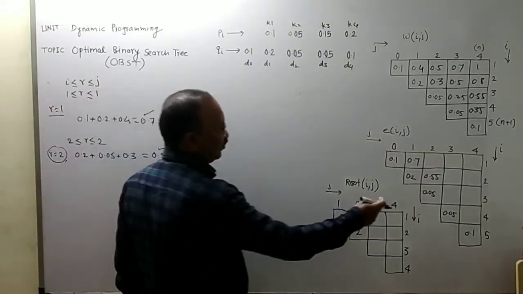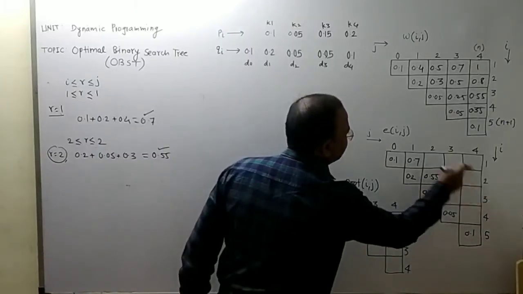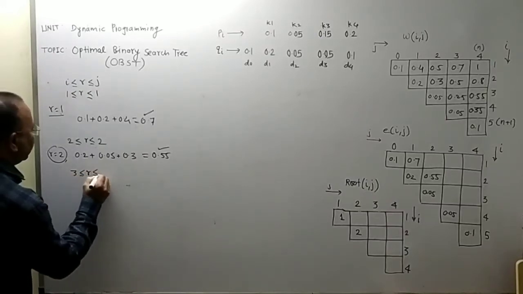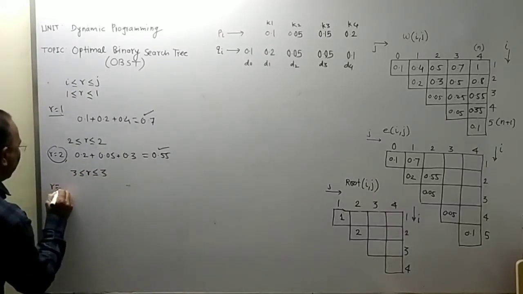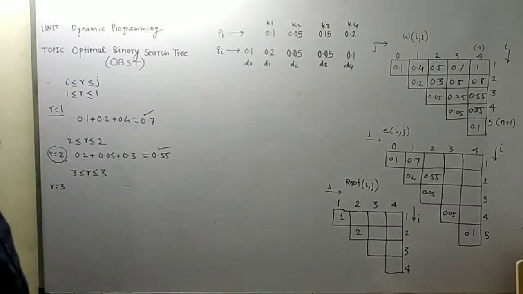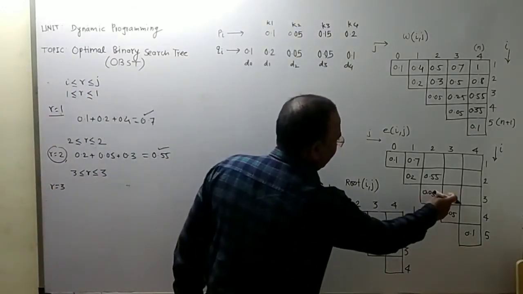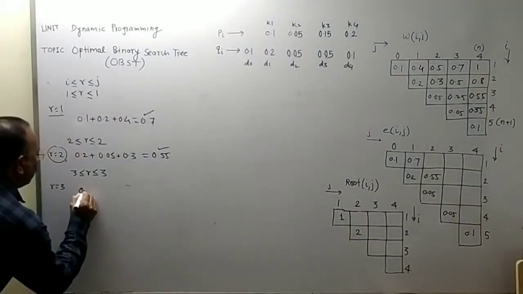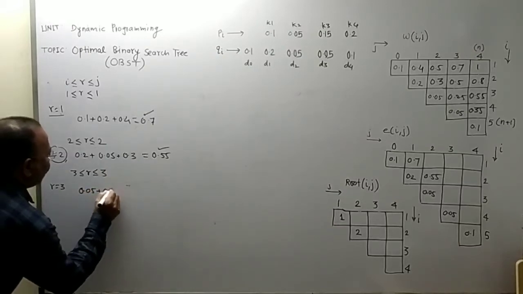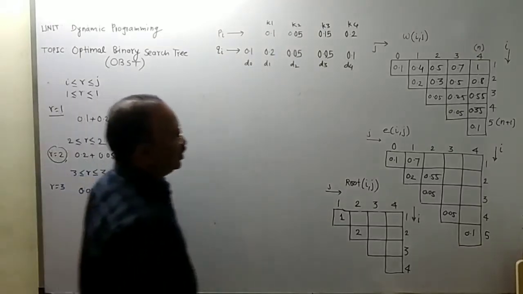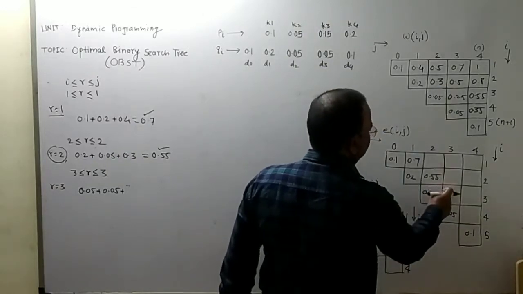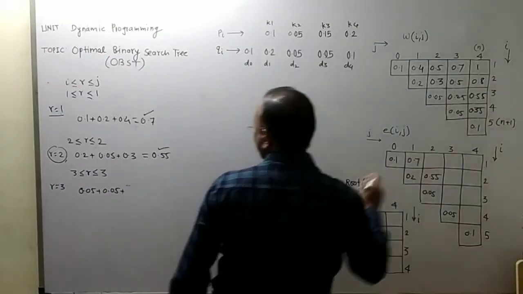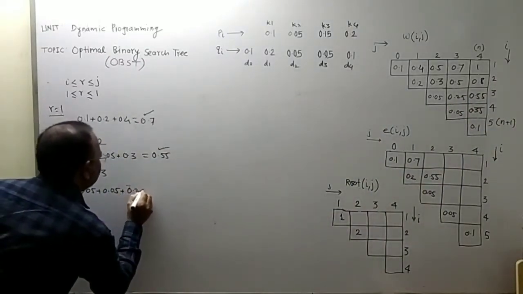Now try to get the value for this cell, that is 3 cell. Here 3 is less than or equal to R, less than or equal to 3, meaning the value of R is 3. Now consider the previous value and the down value: 0.05 plus 0.05 plus the value in the W table at 3 position, which is 0.25.